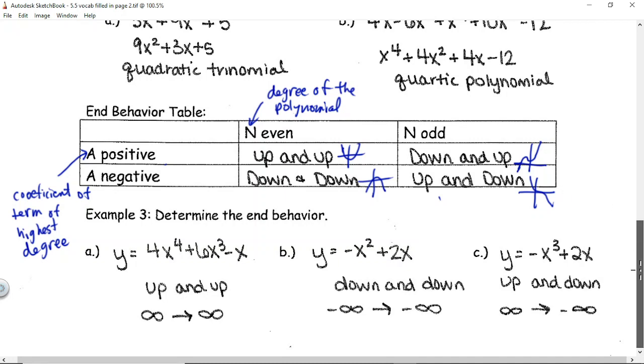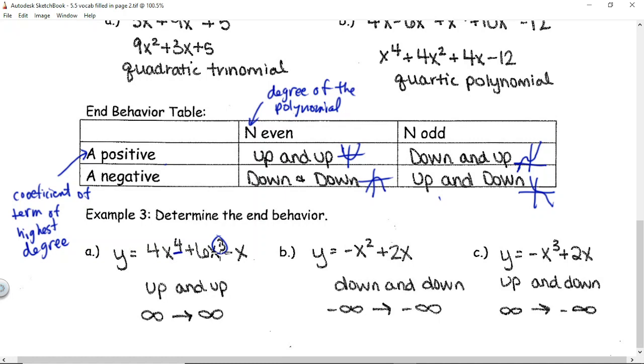Okay, so we have some examples here. Determine end behavior. The first one, all you look at is the power. That's n, and it's the power that you have in the term of greatest degree. So we don't even look at that 3.